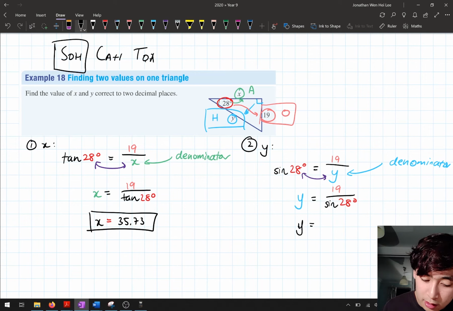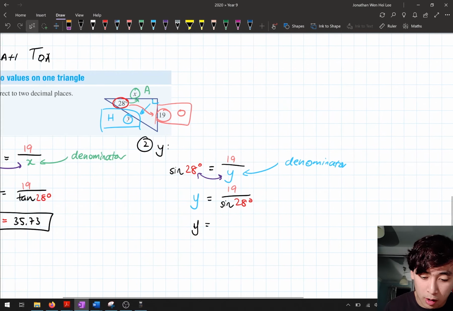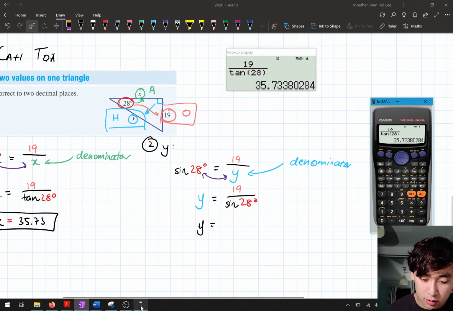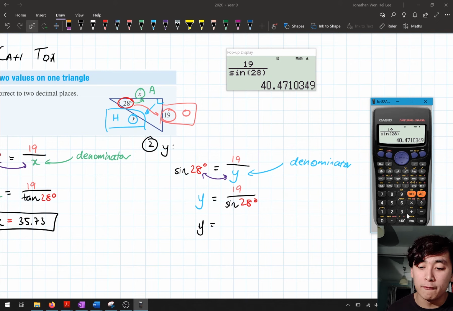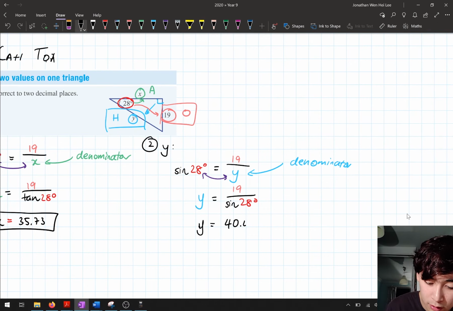Let me swipe across. There we go. 19 over sine 28. Close the bracket. And so we get 40.471, to two decimal places, so it's just 40.47.